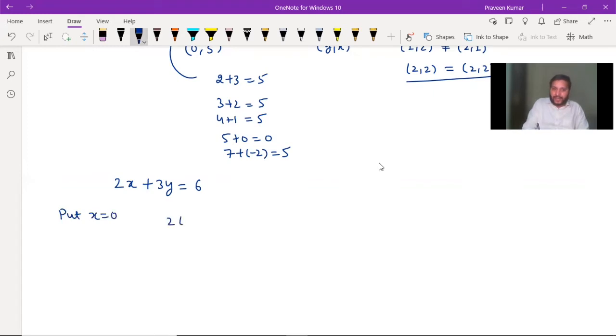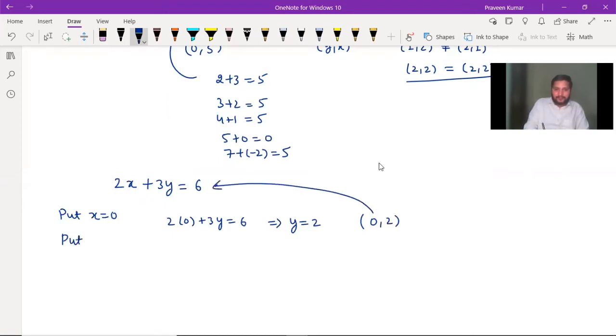So we will get 2 times 0 plus 3 times y is equal to 6. After solving this, we get 3y is equal to 6, means y is equal to 2. Now we got an ordered pair (0, 2) which satisfies the given equation.